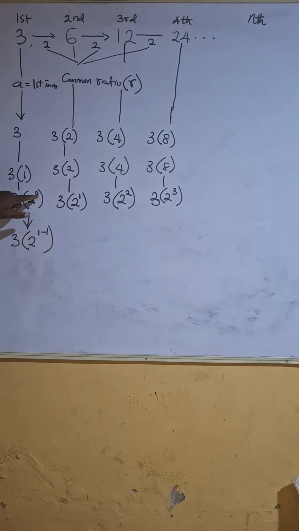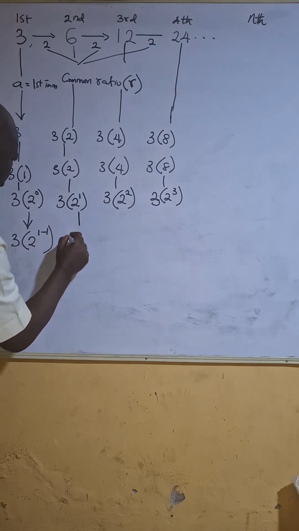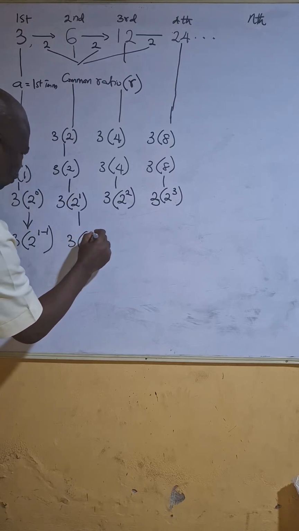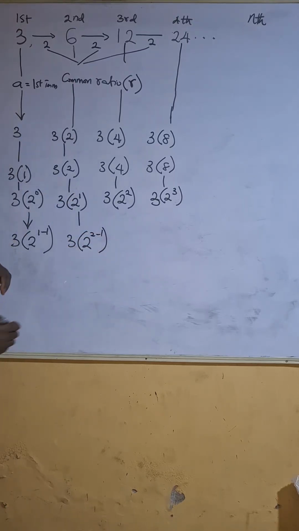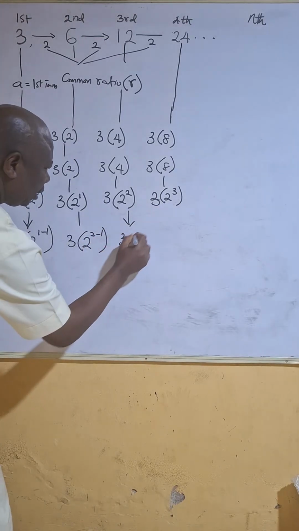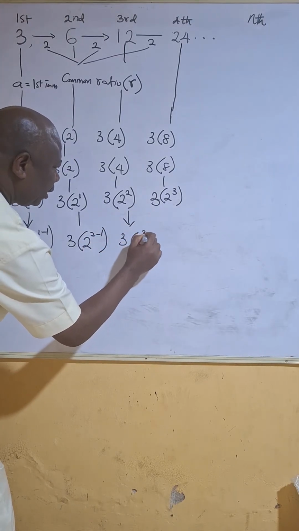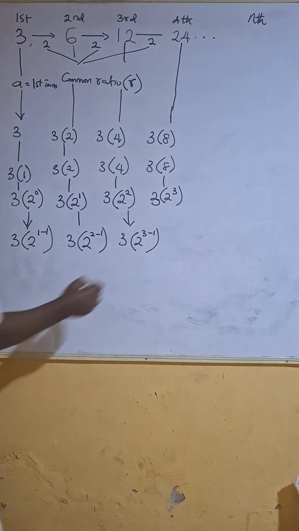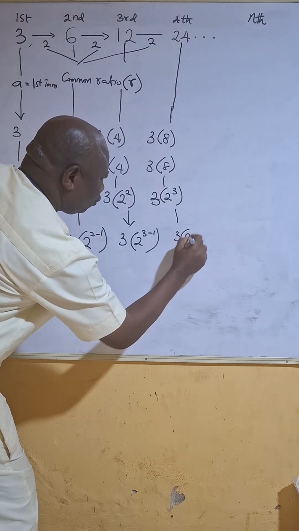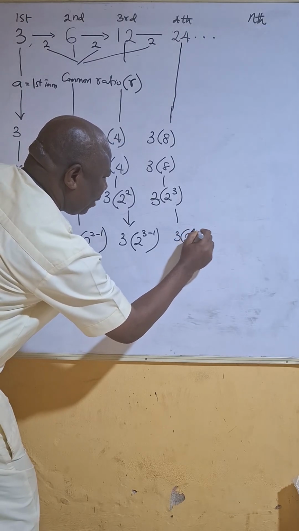If you deduct 1 from 1, you get the index of your 2 here, which is 0. This one also is 3 into 2 raised to power 2 minus 1. This one is 3 into 2 raised to power 3 minus 1. And then this one is 3 into 2 raised to power 4 minus 1.